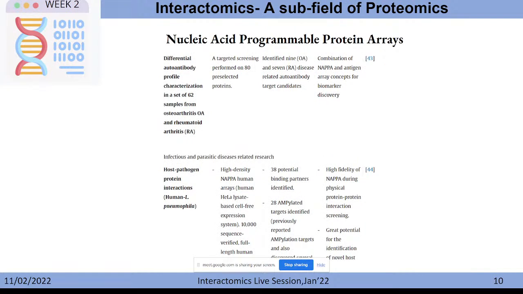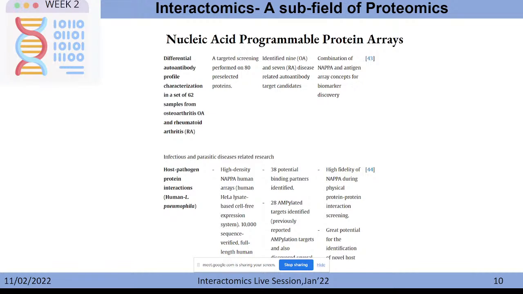Another example is targeted screening on 80 pre-selected proteins. So this all depends on how much you would like to screen. You can screen if you are unaware of the particular disease and would like to check everything, for example cancer, and then you need to print all the DNA and express all the proteins present in a human.